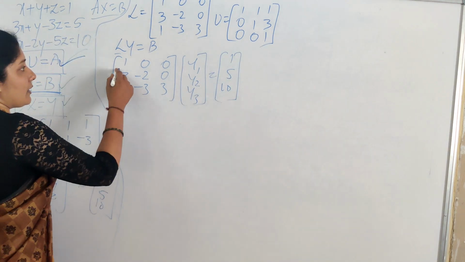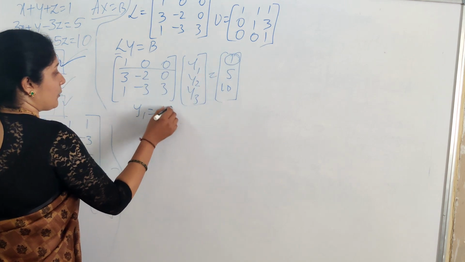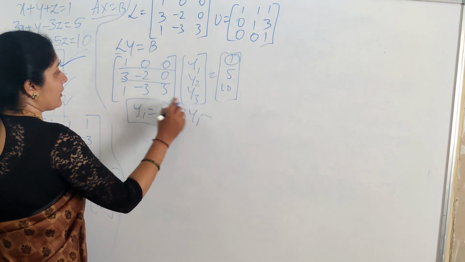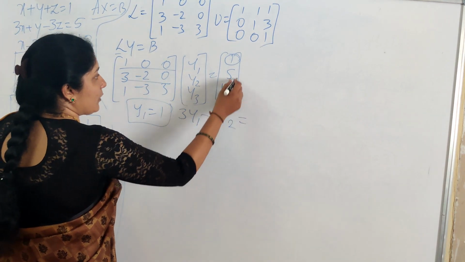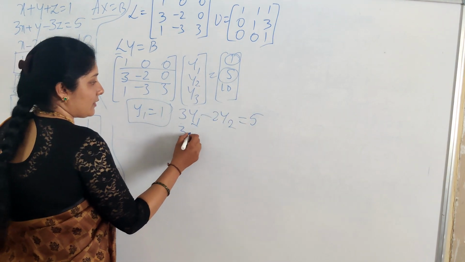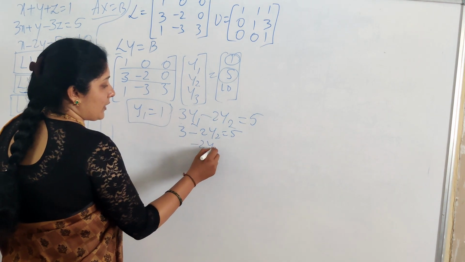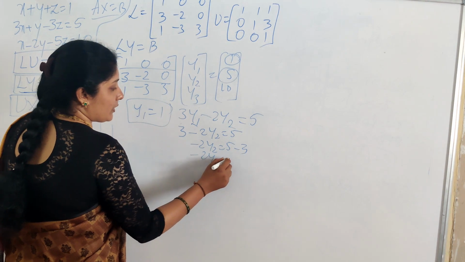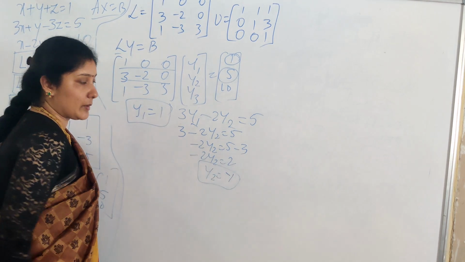So now cross multiply: Y1 equal to 1. Next, 3Y1 minus 2Y2 plus 0 is equal to 5. So Y1 is 1. 3 minus 2Y2 equal to 5. So minus 2Y2 equal to 5 minus 3. Minus 2Y2 equal to 2. Therefore Y2 equal to minus 1.